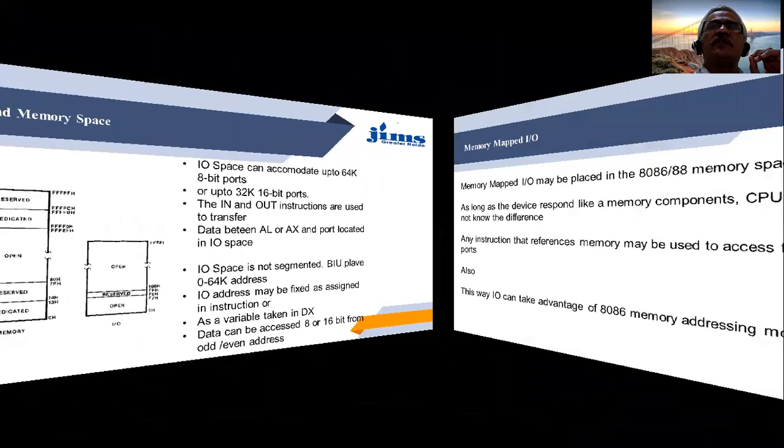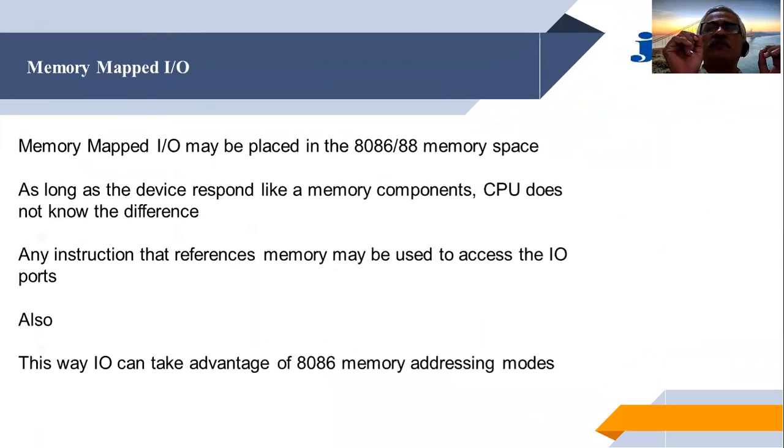But when we wish to make use of memory mapped IO, the advantage is that we can use the same instructions. There is no need to have additional instructions for the IOs. The same normal read-write instructions for the memory can be used for accessing the IO space as well. So there is a flexibility, but this flexibility doesn't come free, so you have to pay a cost for it.